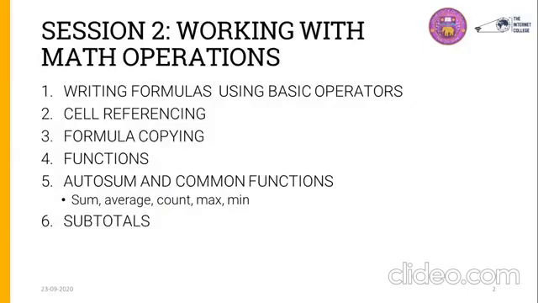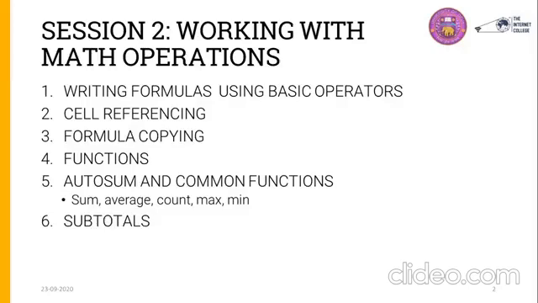Then we will proceed to discuss the basic aspects of a function, what are functions, what they do, and in particular, we are going to focus on AutoSum and some common functions. 5 functions we will take up. These are sum, average, count, max, and min. And lastly, we are going to understand and learn how to insert subtotals in our data set.